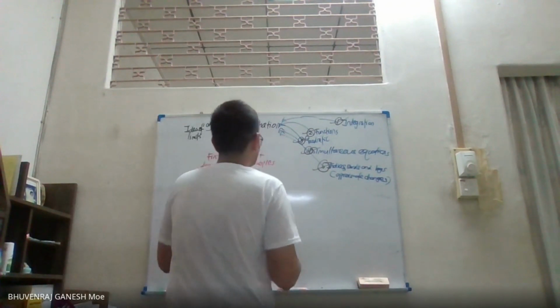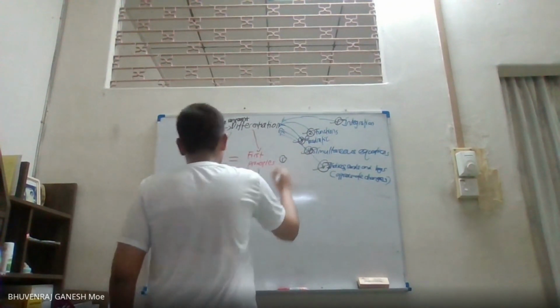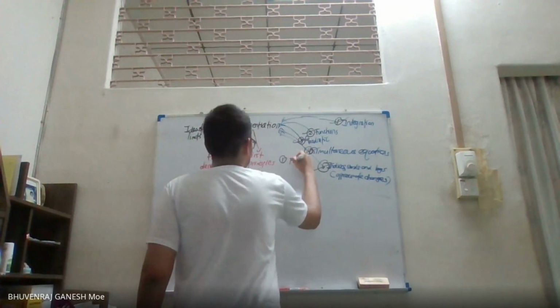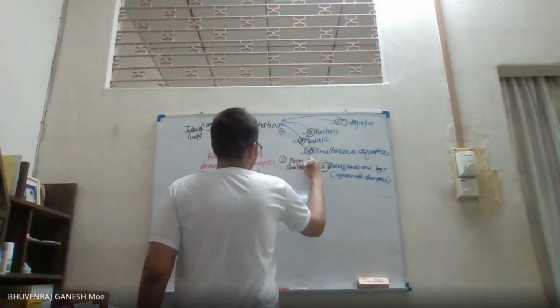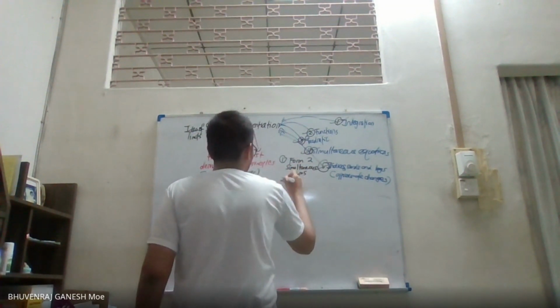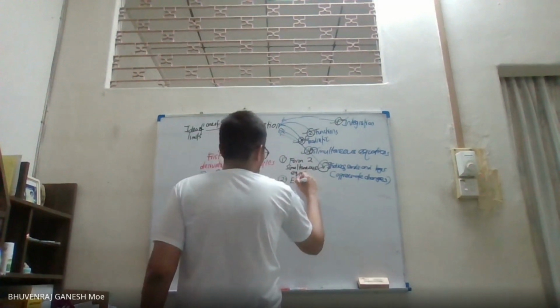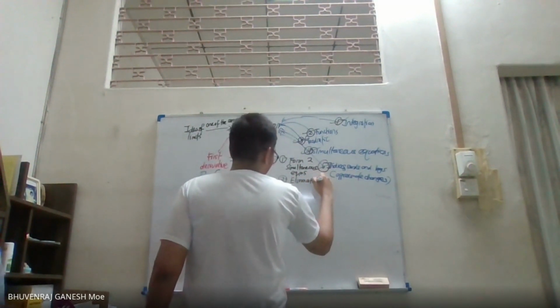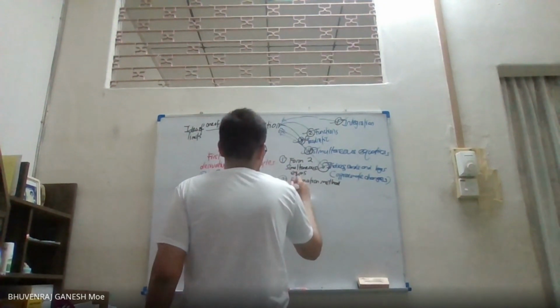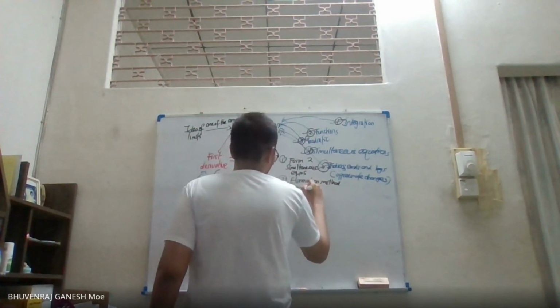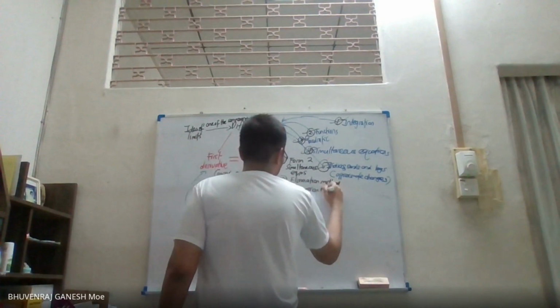So we need to know the steps, which are form 2 simultaneous equations, and then you apply elimination method, and then you apply your expansion plus algebra.